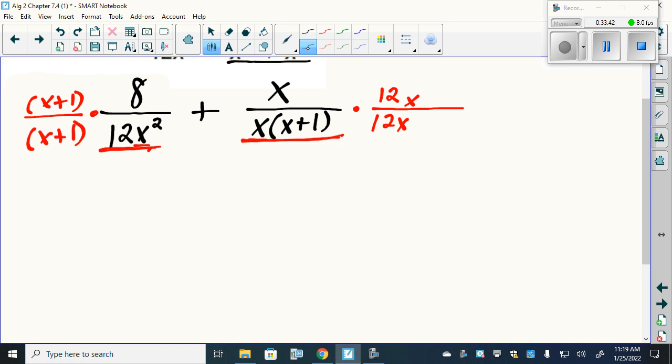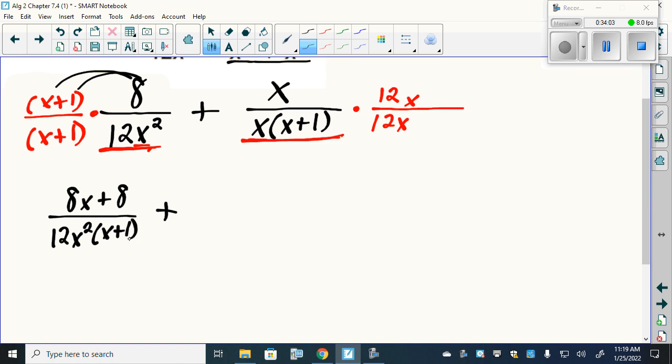So we multiply these here. For the first one, well, we're going to do 8 times x, which is 8x. And 8 times 1 is plus 8 over 12x squared times x plus 1.